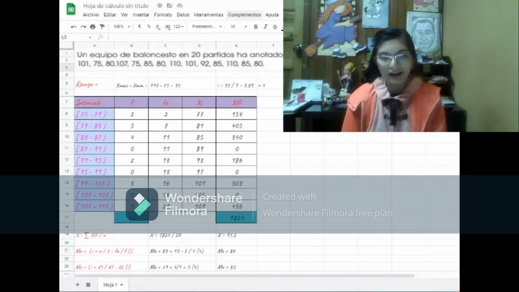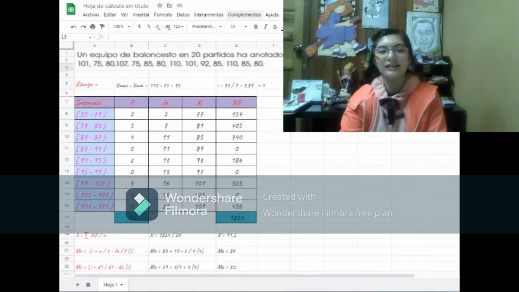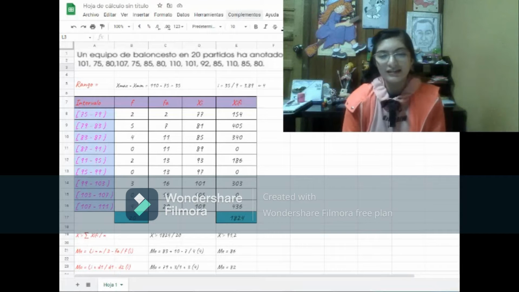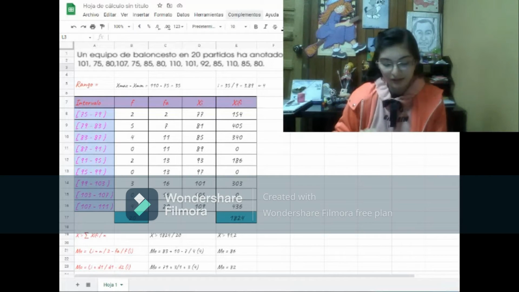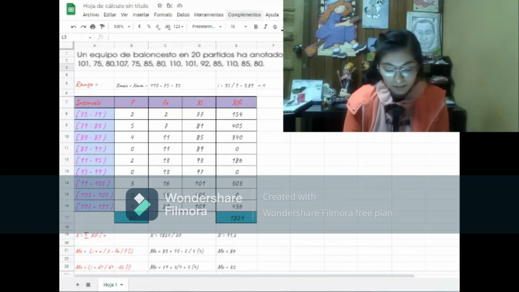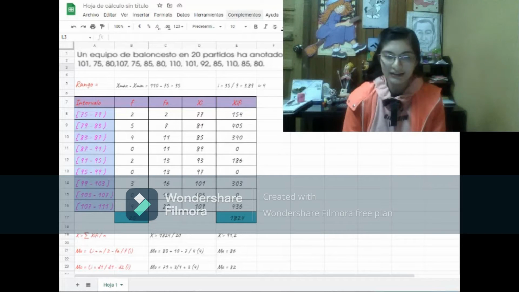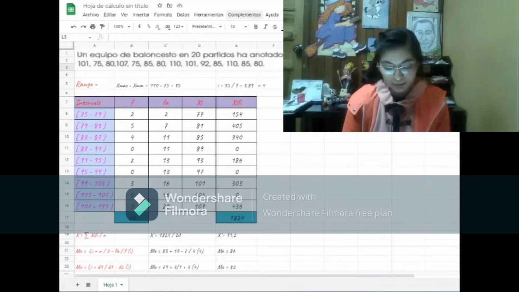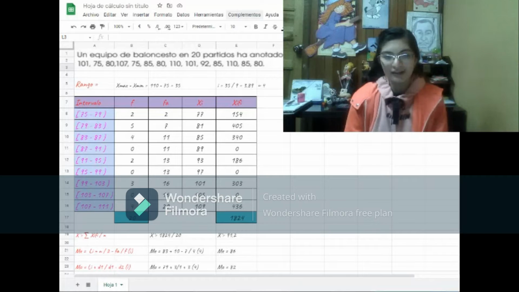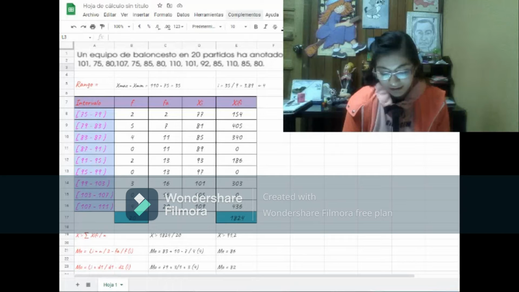So we have to calculate it with the formula x max less x min, which is equal to the result. So we put 110 less 75, and that's 35.